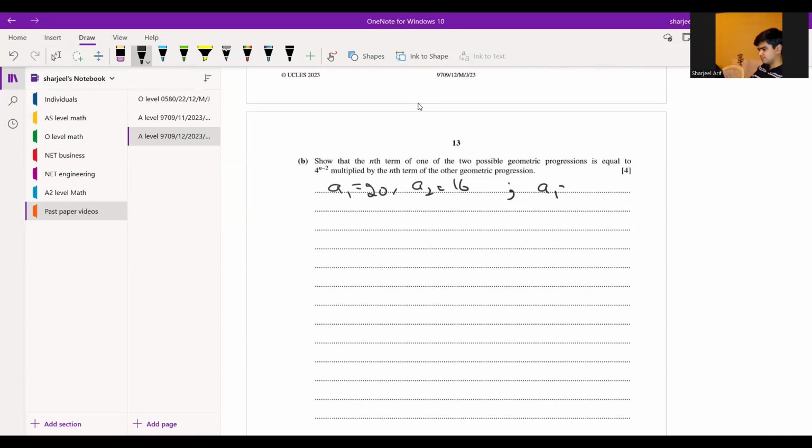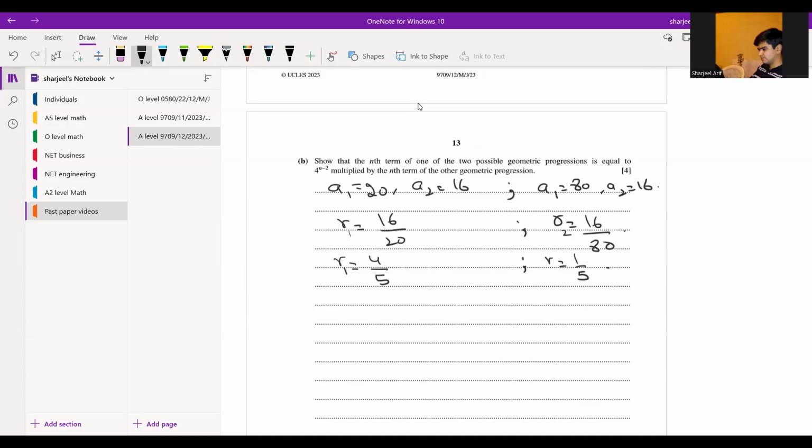In the second one, we have a1 equal to 80 and a2 equal to 16. So in this case, r will be equal to 16 over 20. In the second case, r will be equal to 16 over 80. So first ratio r1 will be equal to 4 by 5 and ratio r2 will be equal to 1 by 5.